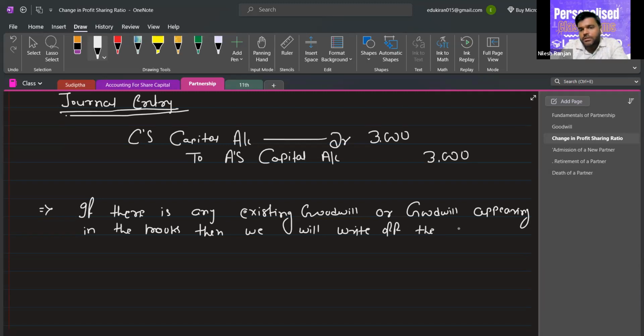Write off the existing goodwill in the old profit sharing ratio. Please write this.